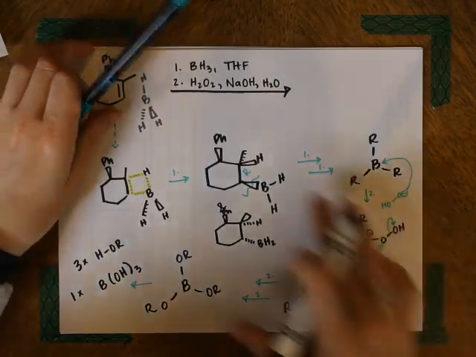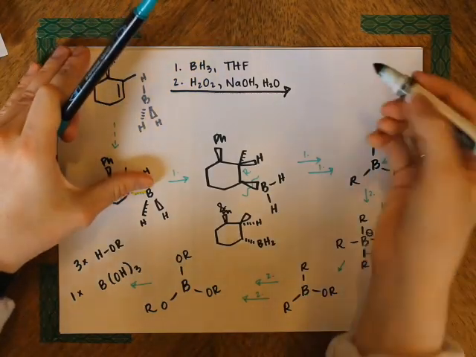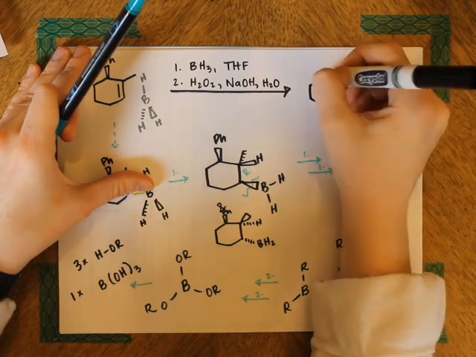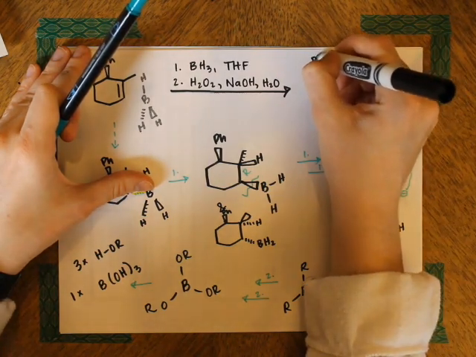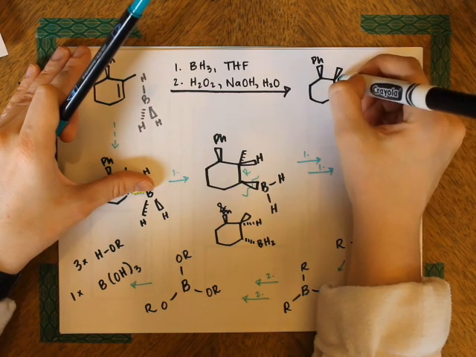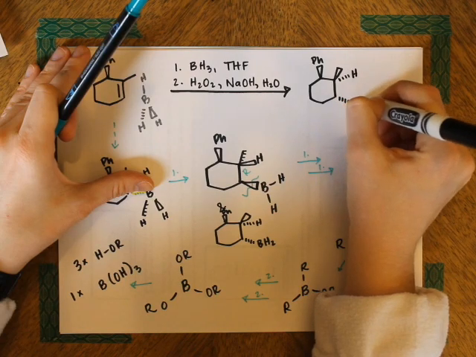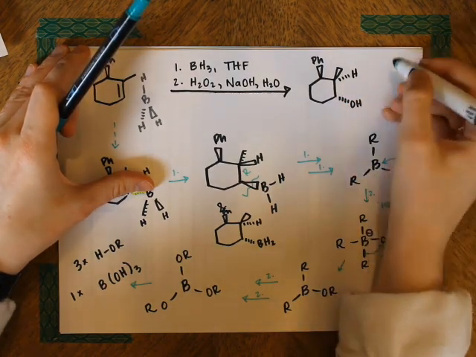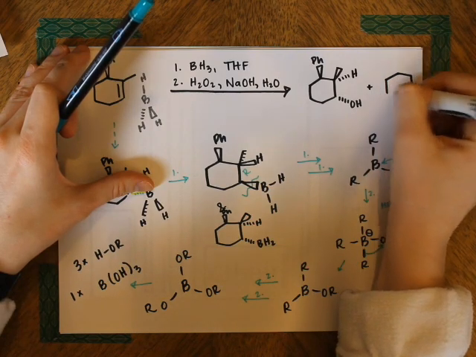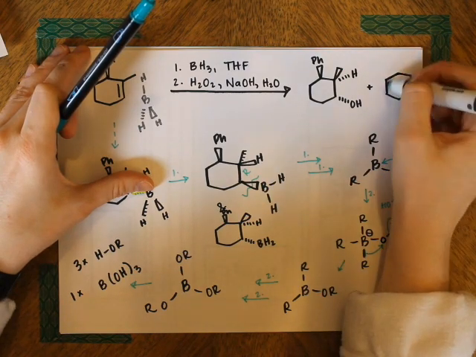So our final product over here is going to be anti-Markovnikov and syn addition. So it's important that I show both of them. So I'm going to show maybe the wedged methyl, the dashed hydrogen, and the dash OH, syn addition, plus, now I can't just say plus an enantiomer because I have a whole other stereocenter here that does not change. Oh, no, I ran out of space.